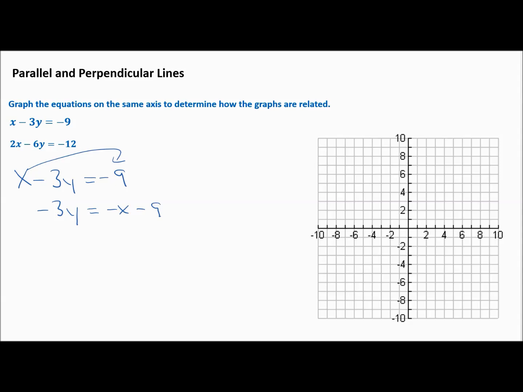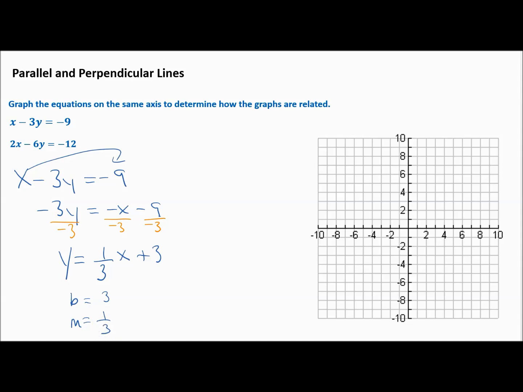My next step is to divide each one of these by -3, to remove the -3 that's being multiplied by the y. So that gives me the final result of y equals, the -1 and the -3 cancel, so you can think about that as 1/3 x, and the -9 and the -3 cancel to give me +3. So my b value, or my y-intercept, is 3, and my m value, or my slope, is 1/3.